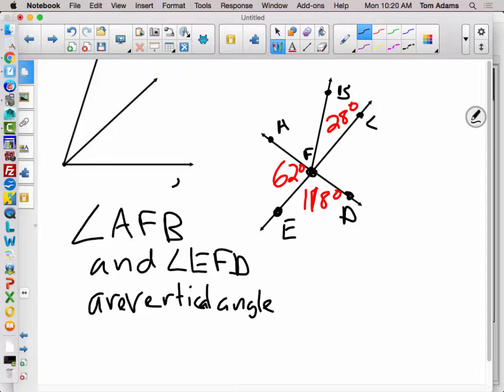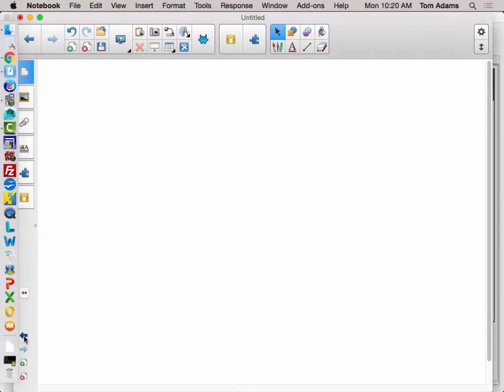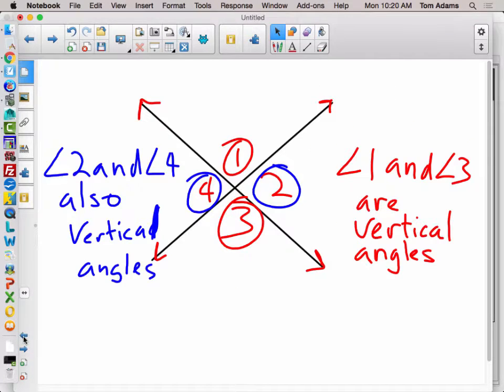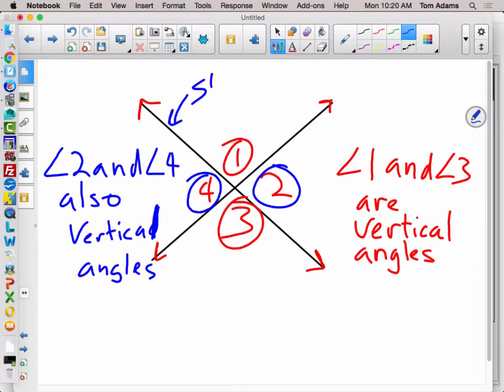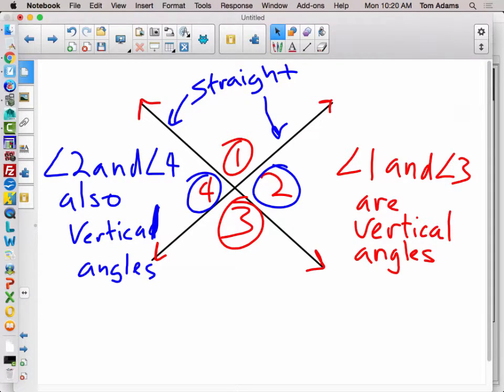Now, for that to be a vertical angle, we've got to go back and say, well, what is a vertical angle? Well, vertical angles, you have the intersection of two straight lines, and we know they're straight lines, right? I just drew them, but remember that this is a straight line, and so is that one. I said it, I just didn't label it as such. I said when we have the intersection of two straight lines.